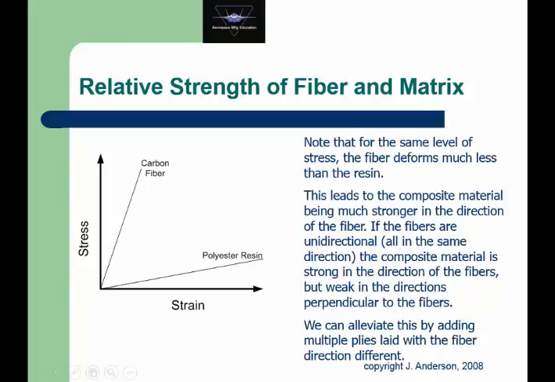So we can see that as we increase the force on this carbon fiber, we don't get much stretch. We don't get much elastic deformation here. So it acts in a brittle fashion. But it can withstand high stress loads, high forces on it.